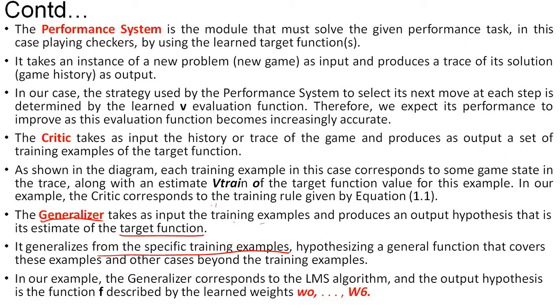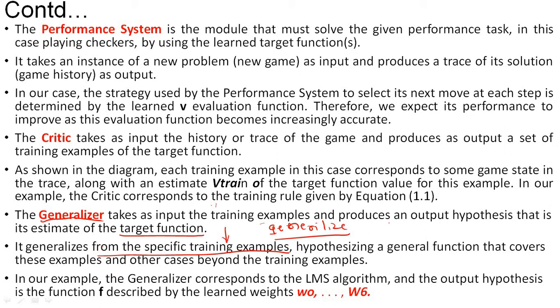Like this also, this is not meant for some specific training example. We have to generalize, because one system may take some specific input values, but another system will not take the same training example. They can choose another training example which is not specific.